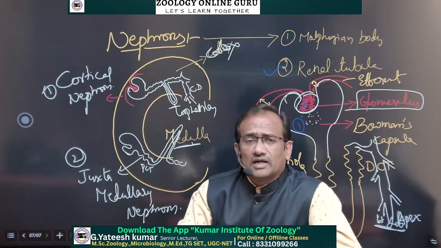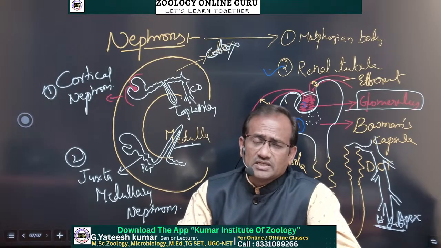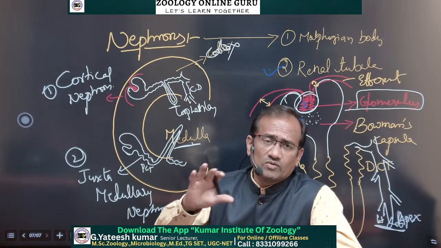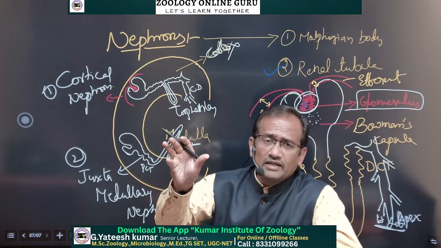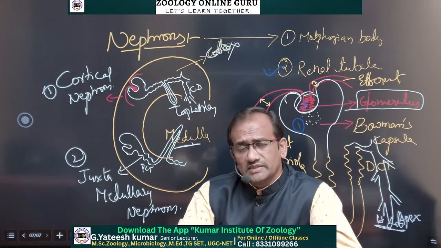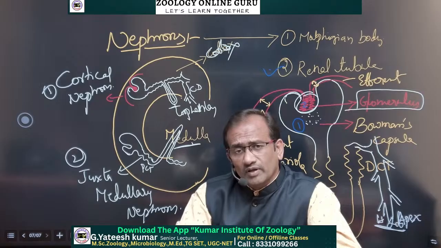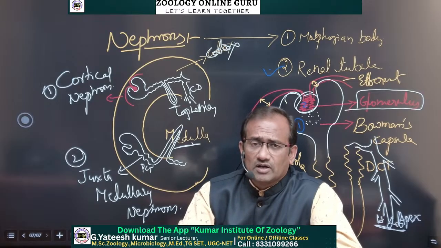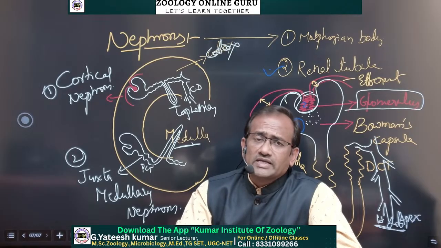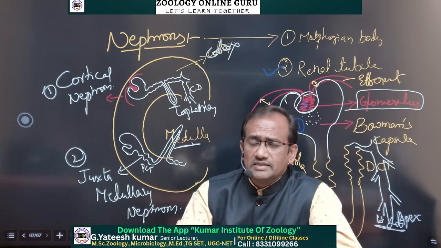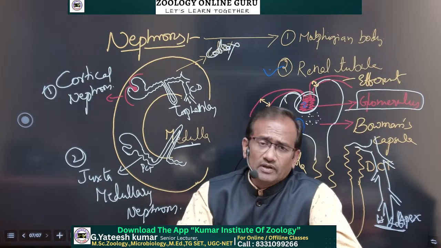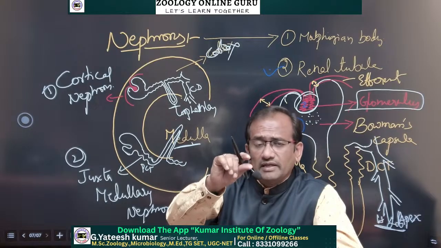Also the cut section, called the vertical section of the kidney, shows two portions, outer cortex and medulla. Medulla is in the form of triangular-shaped medullary or renal pyramids, and between the pyramids there are columns of Bertini, and the apex of the medullary pyramids is known as the renal papilla, and then there is a calyx, and then pelvis.